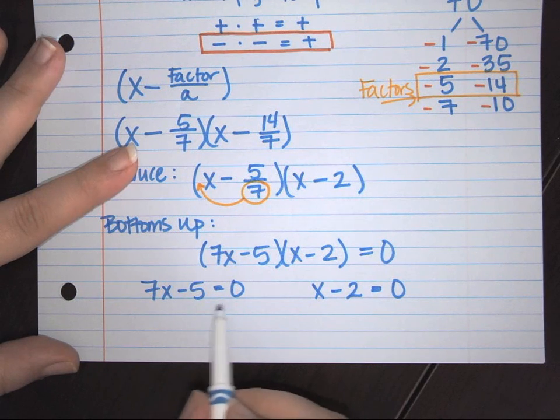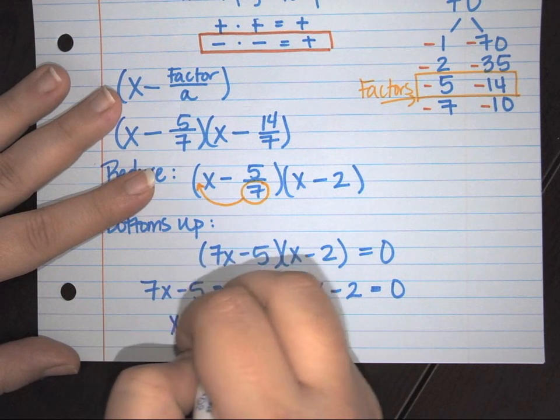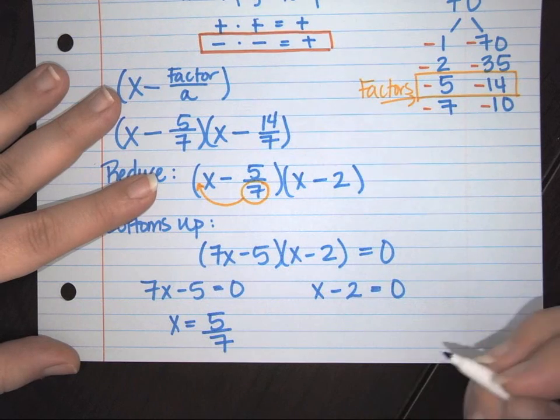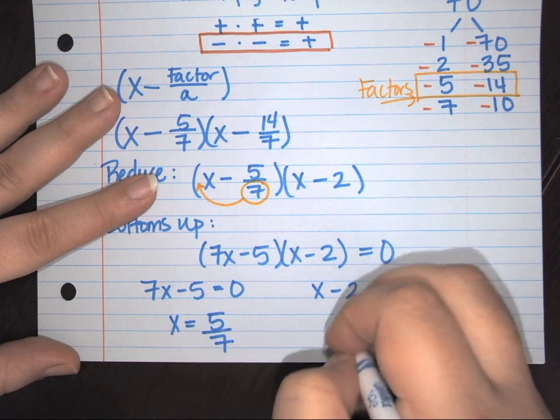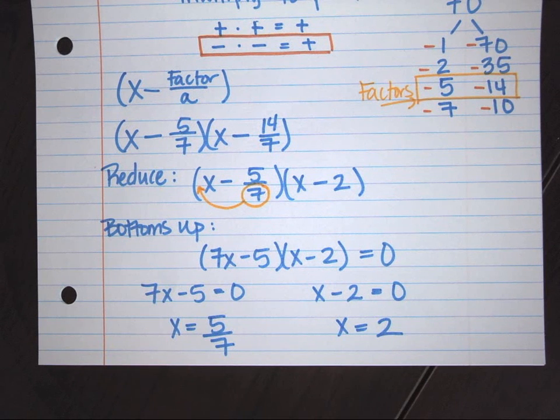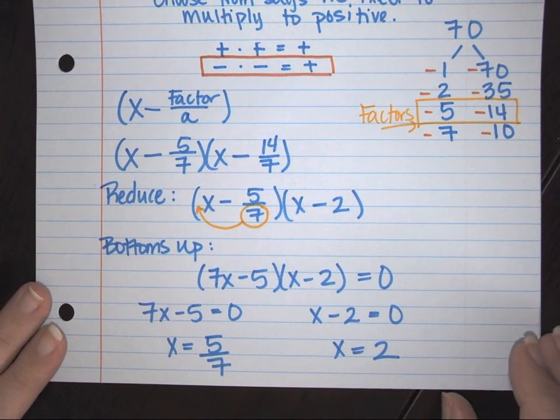On the left, I add 5 to both sides and divide by 7, so x is equal to 5 over 7. And here I just add 2 to both sides, so x equals 2. Thus, we have the two solutions to that problem. This was solving using the AC method.